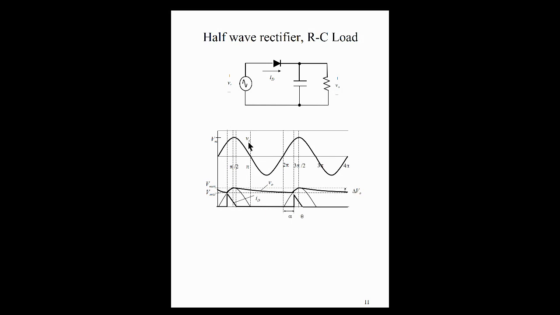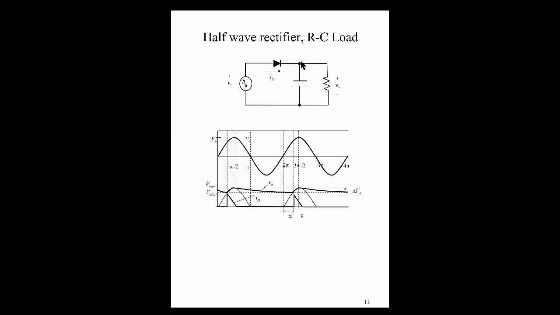Now, what is happening? Our input AC is going to allow conduction in one direction, that's in the positive cycle.